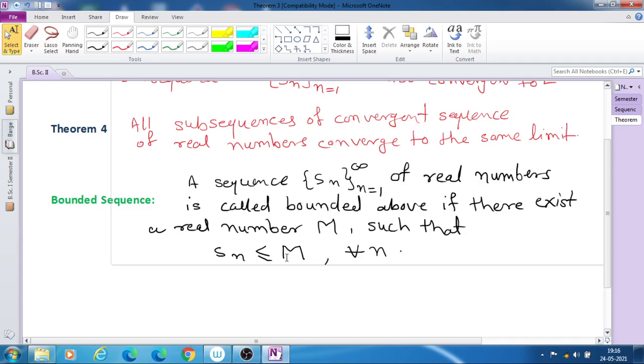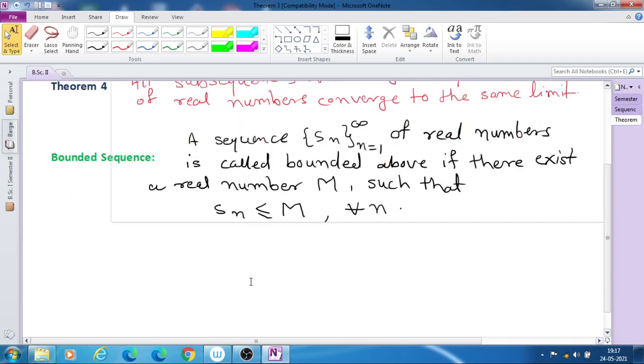So if there is such a number M, then the sequence is bounded above.